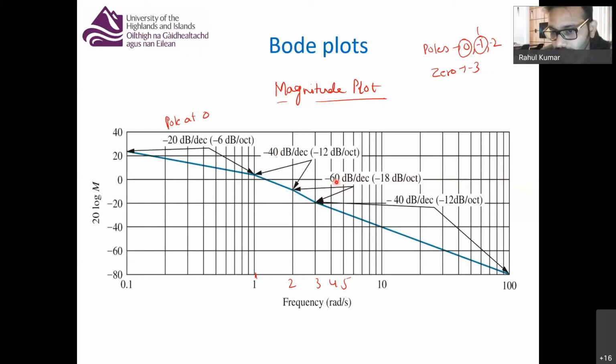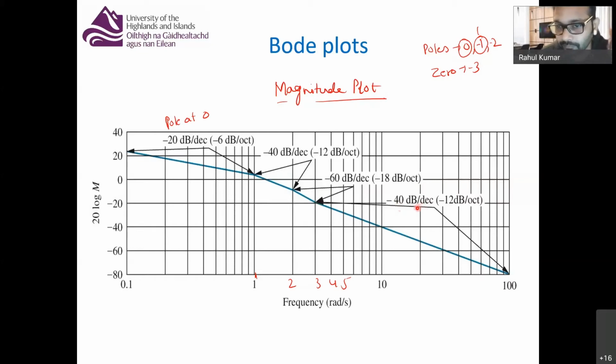So after 2, your slope is minus 60 dB. But you have a zero at 3 radians per second. So after 3, your slope will increase by plus 20 dB. You had initially minus 60; if you add 20, you get minus 40. So after 3 radians per second, all the way up to the end of the magnitude plot, your slope will be minus 40 dB per decade.